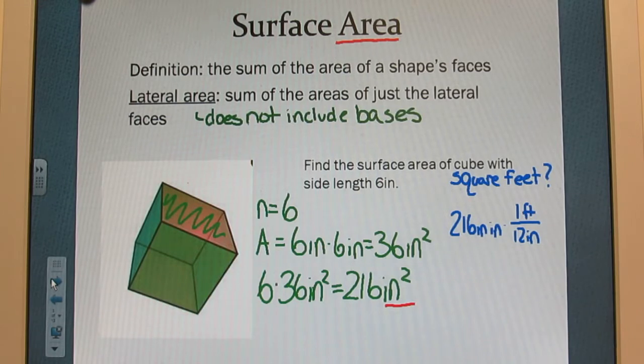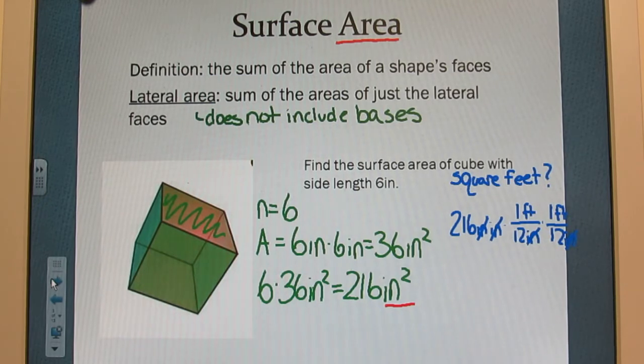But this only cancels one of my inches. I have to multiply it by that same number again to get rid of my second inch unit. So when I multiply these out, I get that the surface area of this cube is 1.5 feet squared. Remember this number.